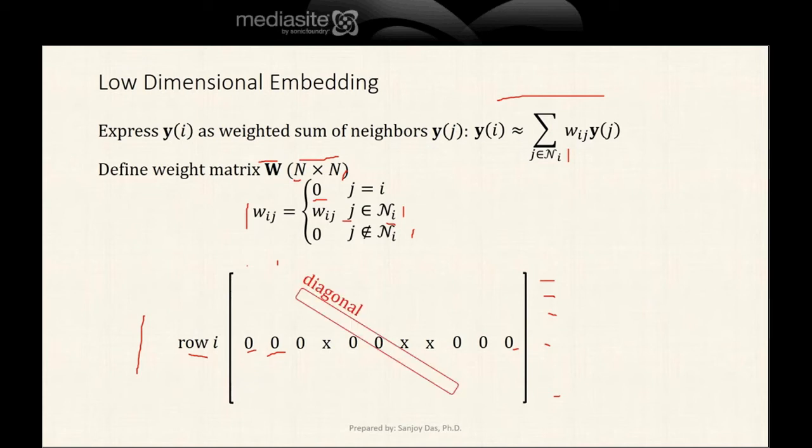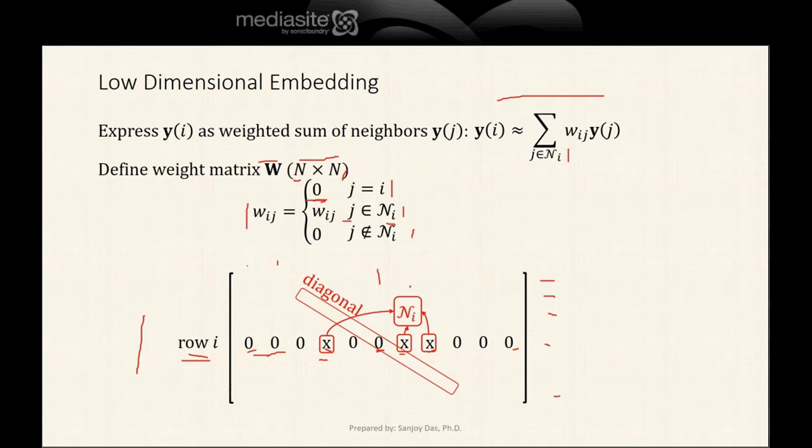And that includes the diagonal, because if this is row i, the diagonal element corresponds to column i, so this is wii, and that is 0 because we want wij to be 0 when j equals i. And it's 0 everywhere else except in the columns corresponding to the neighborhood Ni of sample i. So it's only these points where the entries of this W matrix will be non-zero.